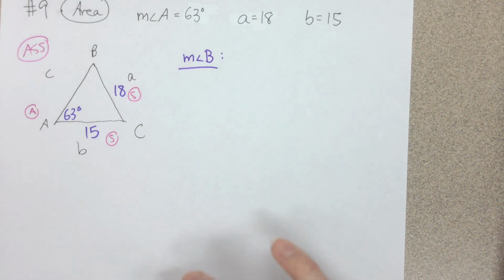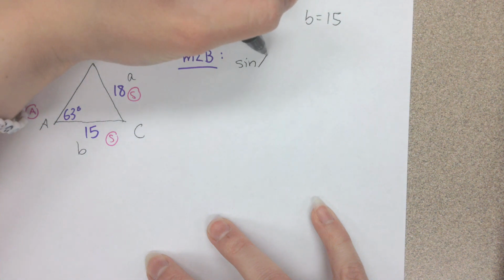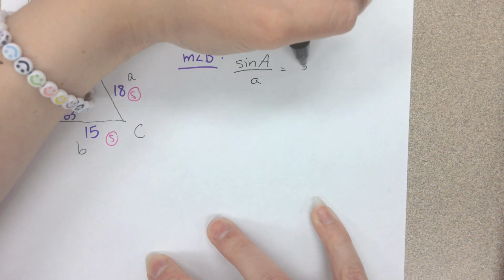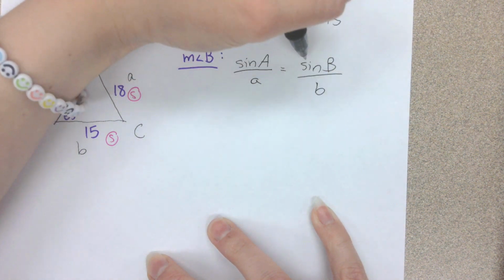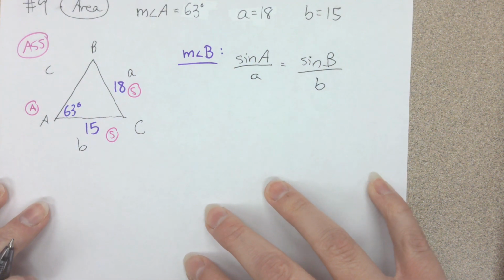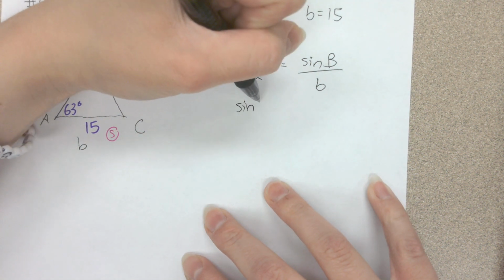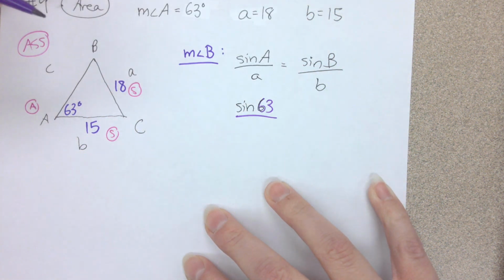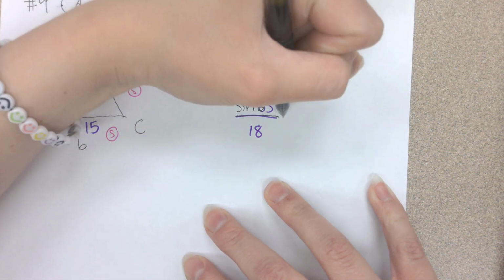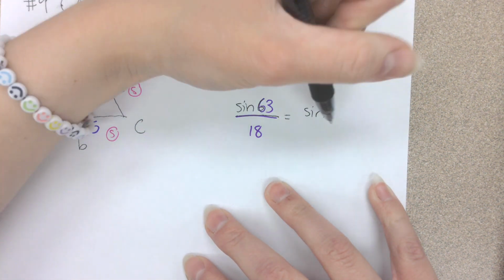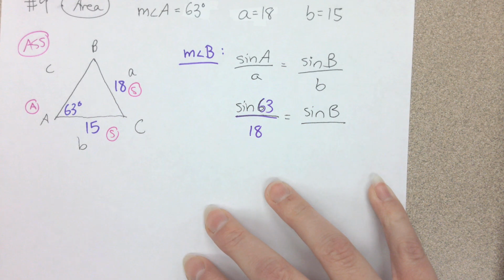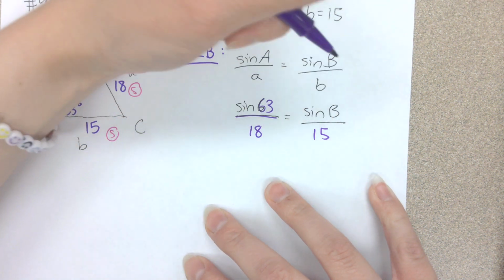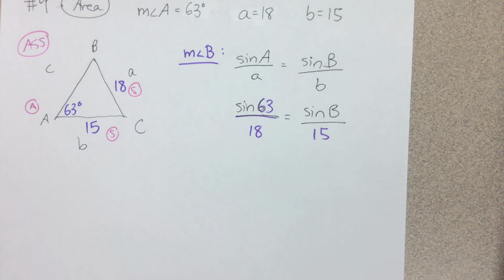So we have sine of A over A equals sine of B over B. And we have sine of 63 over A is 18 equals sine of, we don't know B, over side B, which is 15. Cross multiply.